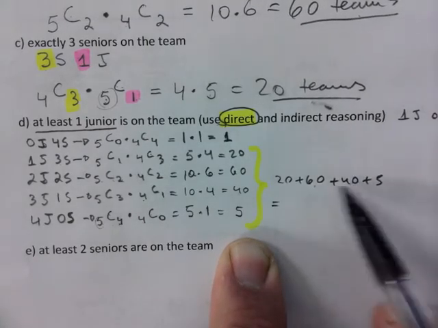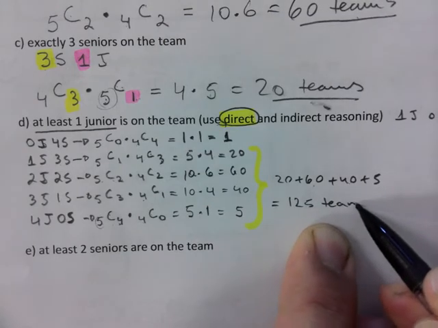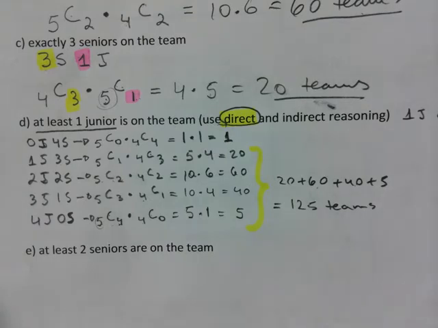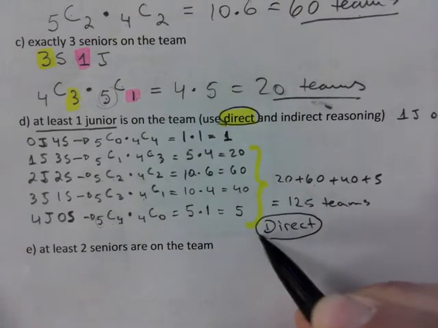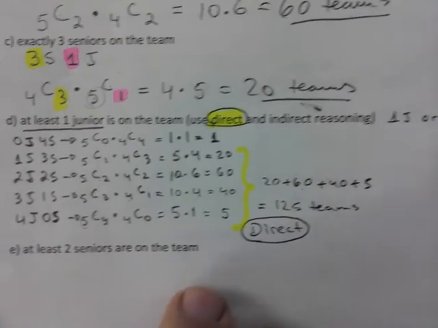That's 125 teams. This is direct. When you're adding stuff up, you're going directly to what intuitively makes sense to you. Just add up all the possible scenarios.